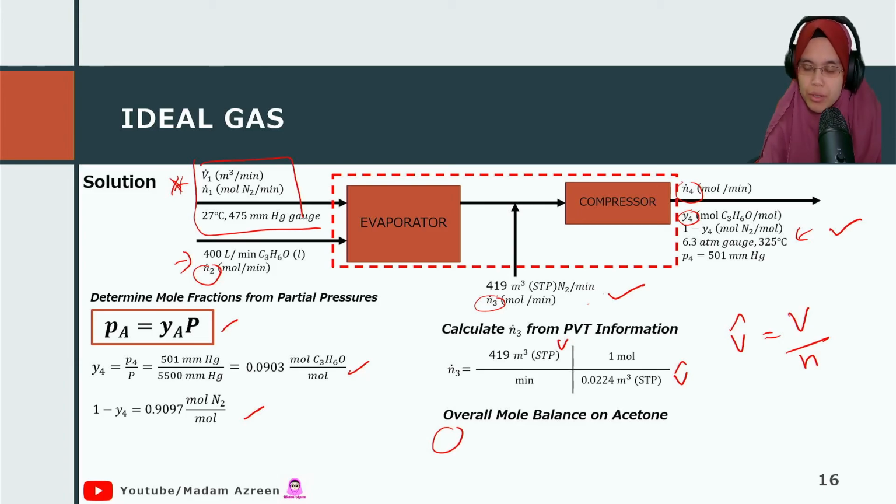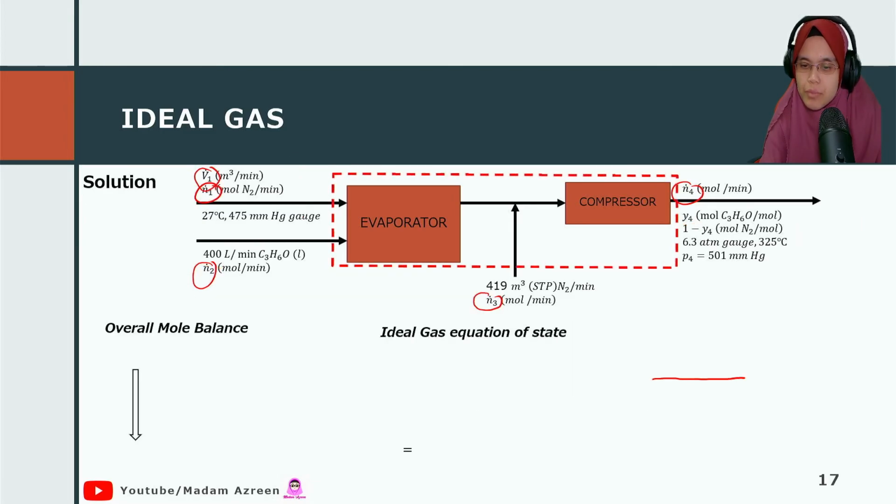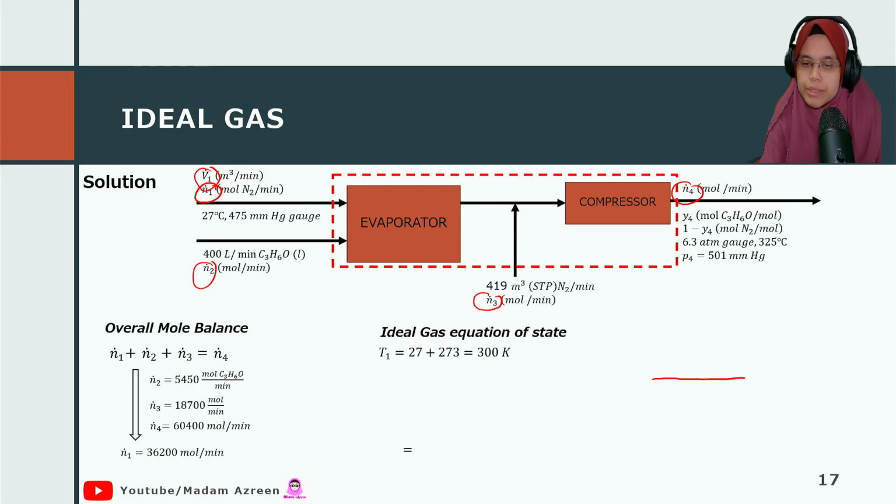Just use PV equal to nRT. You are given the value of volumetric flow rate. You can divide it by a standard volume, so you can get the mole. Then you do an overall balance, and later on you can get all the unknowns, and finally you can determine the value of V1.